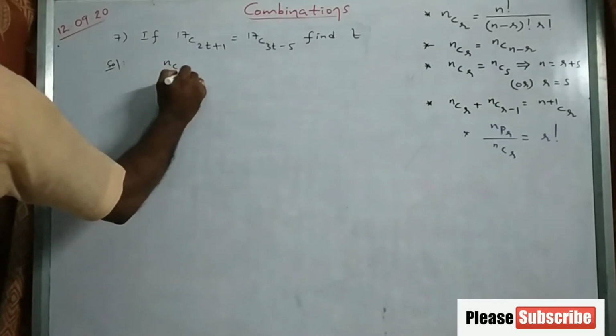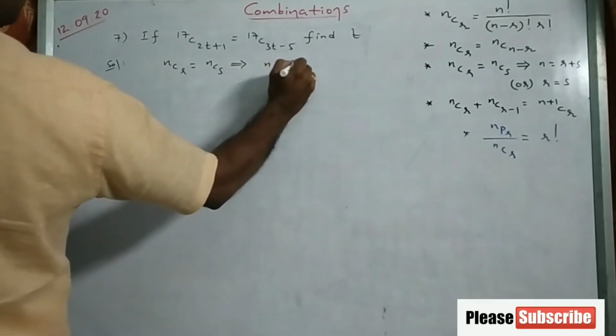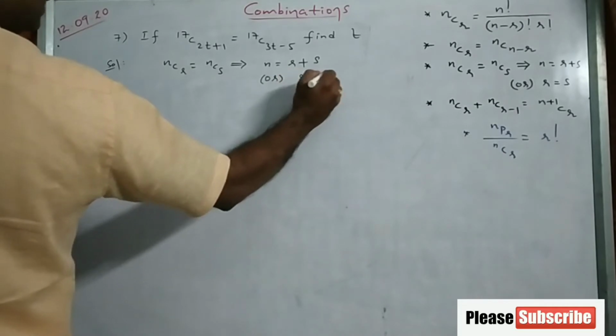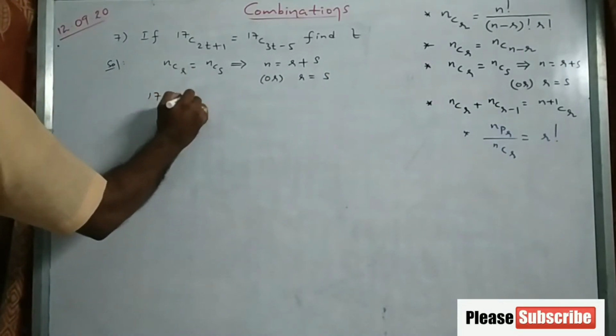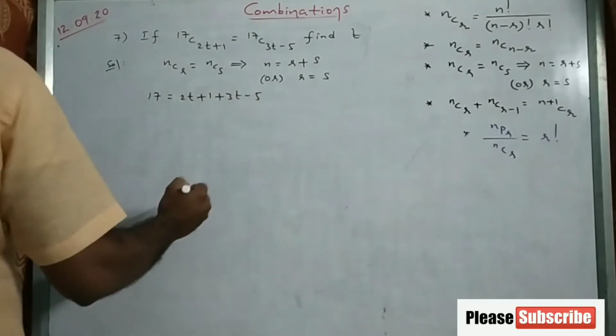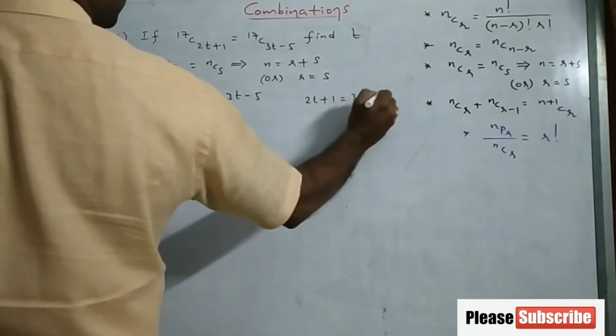If NCR equals NCS, then N equals R plus S or R equals S. So first, 17 equals 2T plus 1 plus 3T minus 5, or 2T plus 1 equals 3T minus 5.